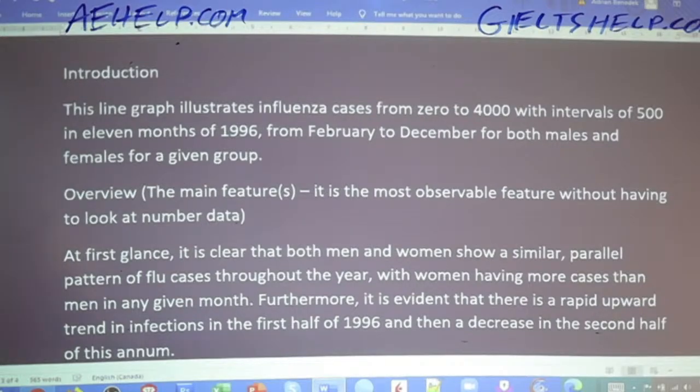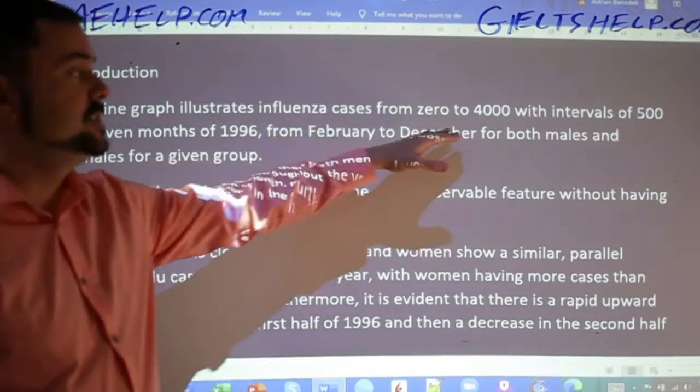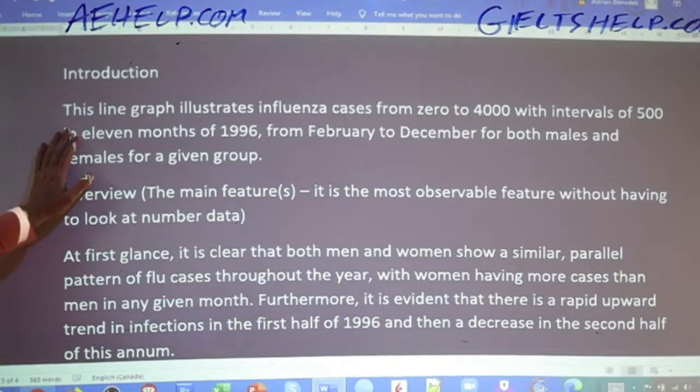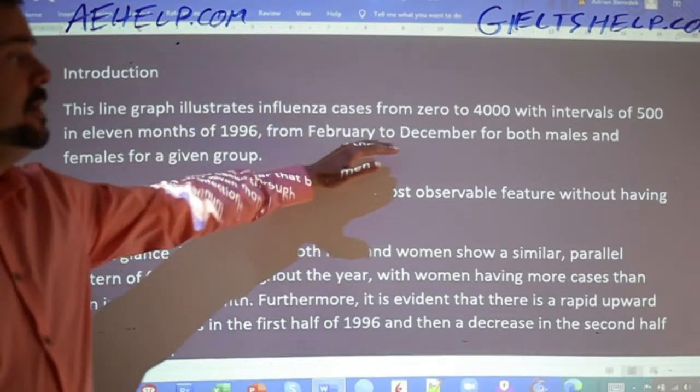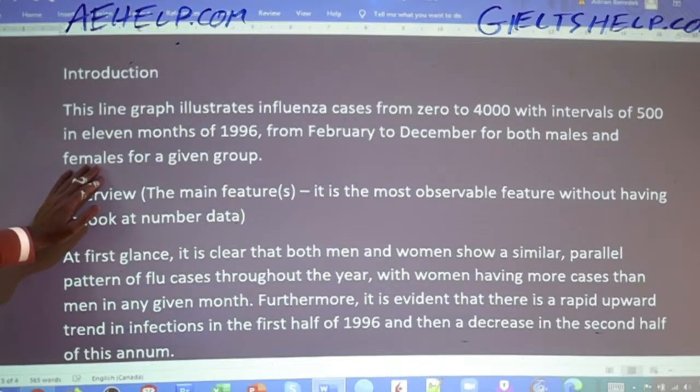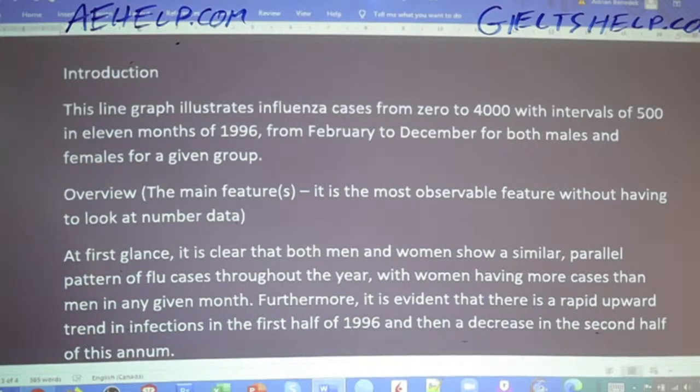All right, so let's read over this and make sure it's all good. Introduction: this line graph illustrates influenza cases from 0 to 4,000 with intervals of 500 in 11 months of 1996, from February to December for both males and females for a given group.